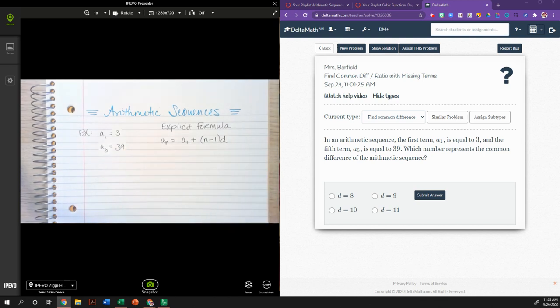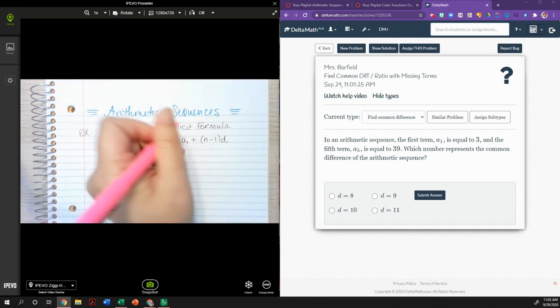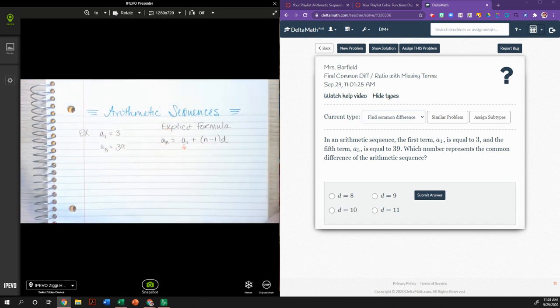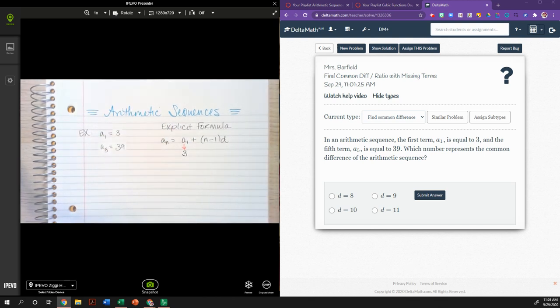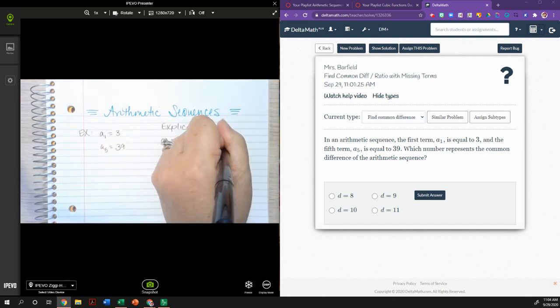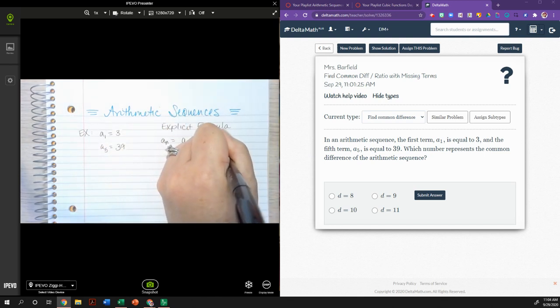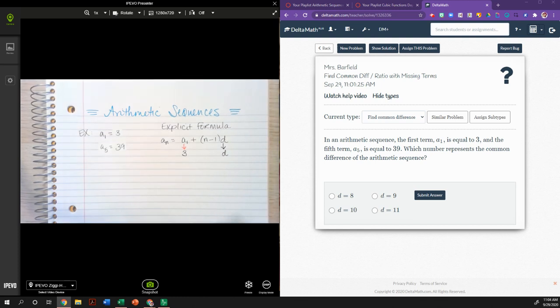The first big piece of information that we have is the first term. So we know right here that the first term is 3. We know we need the common difference, so I'm just going to move d down. But do we have n and do we have a sub n?